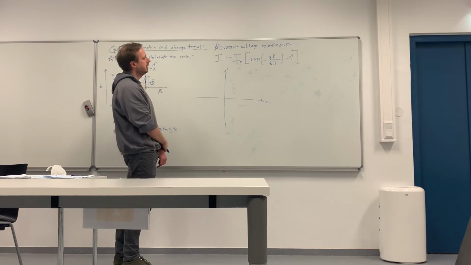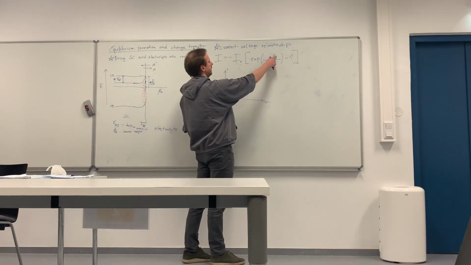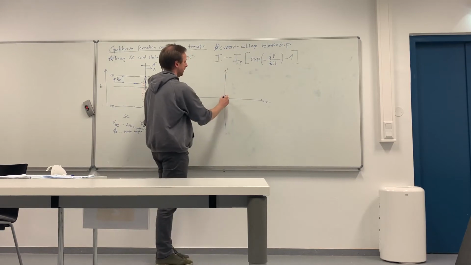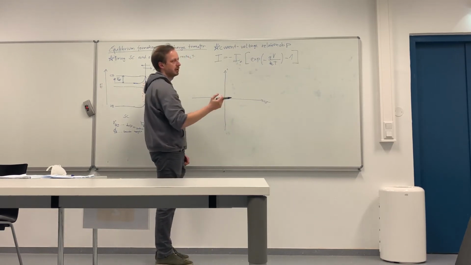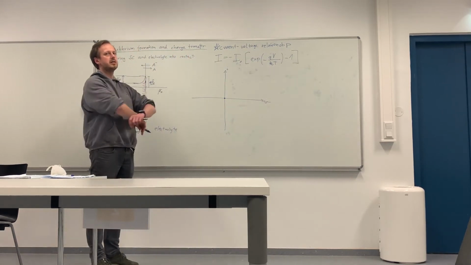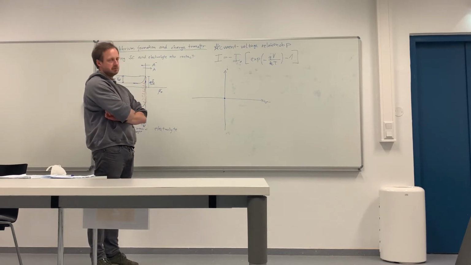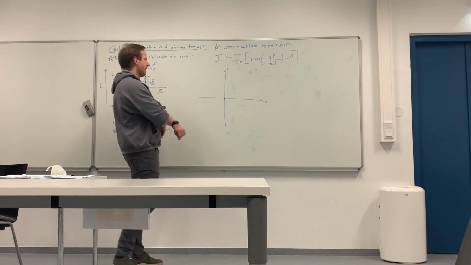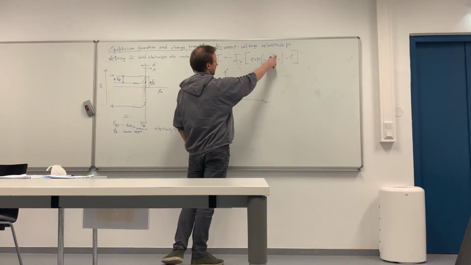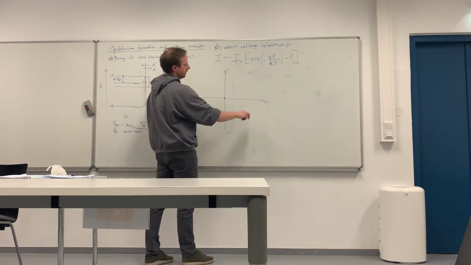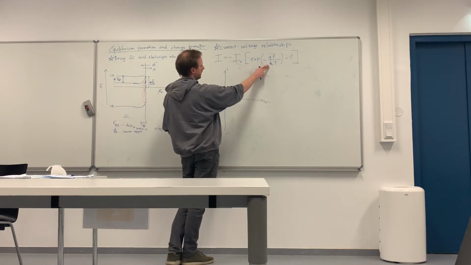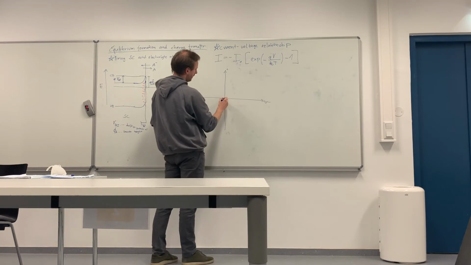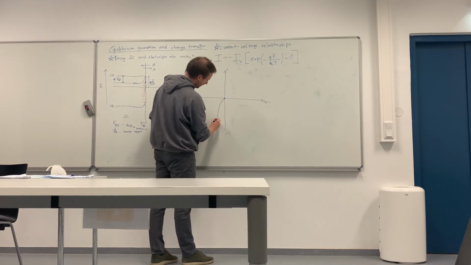If V is 0, the exponential becomes 1, the bracket 0, which is kind of logical, because if you do not apply an external voltage, why should there be a current flow? If the voltage becomes negative, the exponential increases, and you have an exponential branch in this direction.